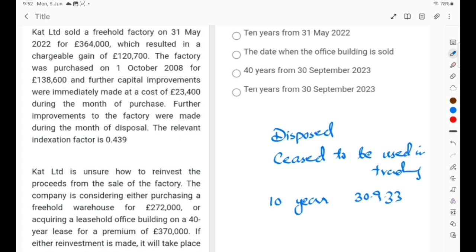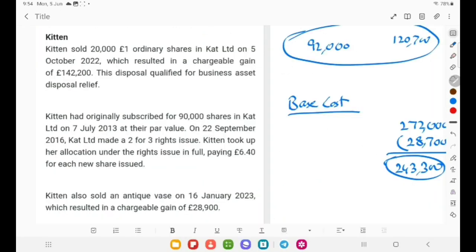So in this question, we have not been given the disposal date or the date when the replacement asset ceased to be used. So we have to consider the 10 years from 30th September 2023. Now the next scenario: Kitten sold 20,000 £1 ordinary shares in CAT Limited on 5th October 2022, right?